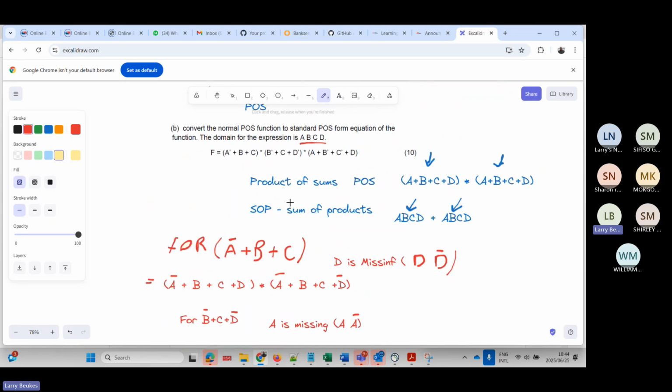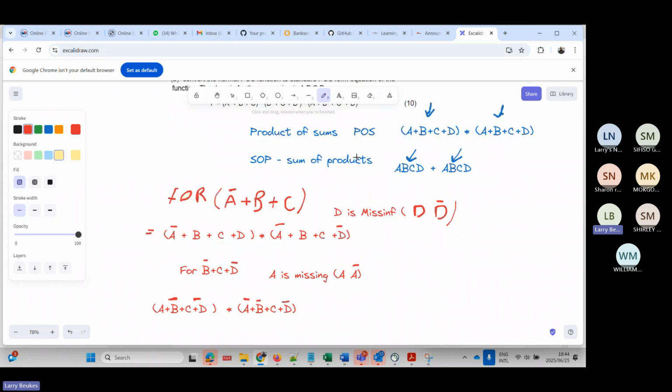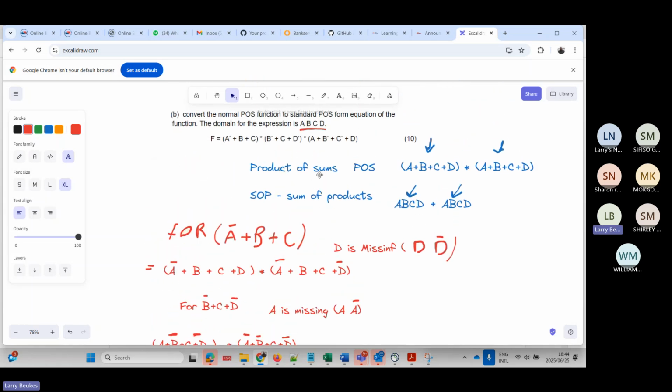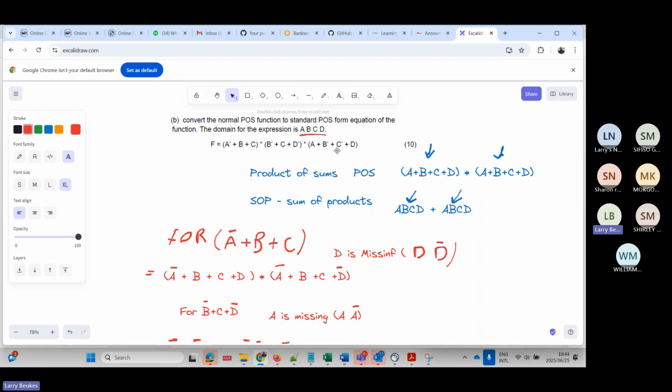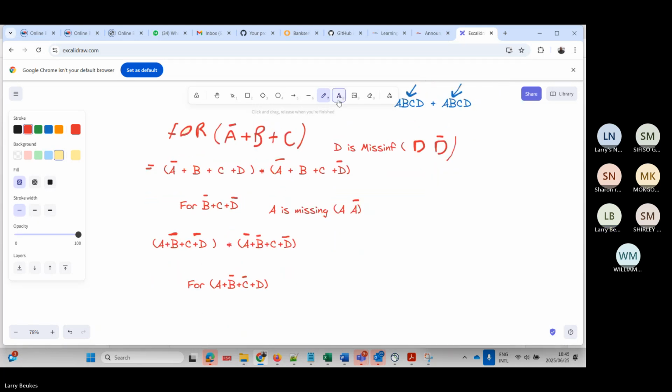All right. So for the last one, we have A, B naught, C naught, D. For this one, A, B, C, D, we have all the variables here, so nothing is missing.